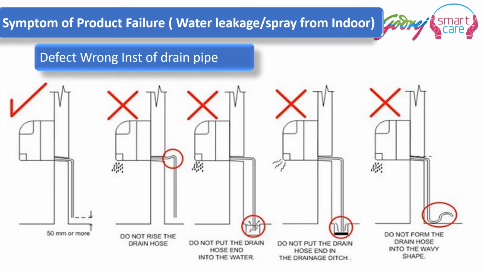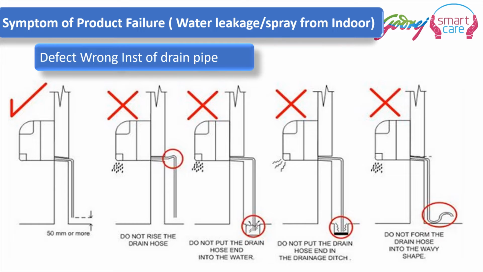Then the last diagram shown over here has a U bend at the bottom of the drain pipe. This U bend or waviness will hold some water, and it will not allow the entire water to flow out.